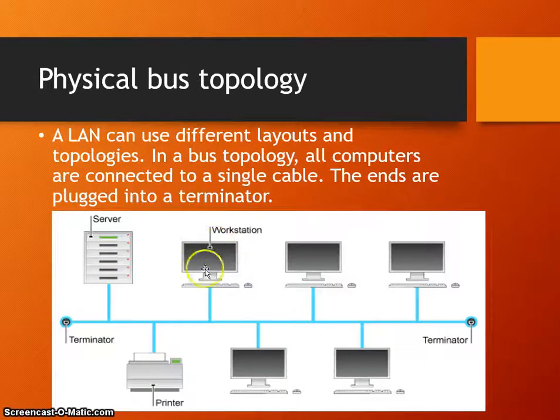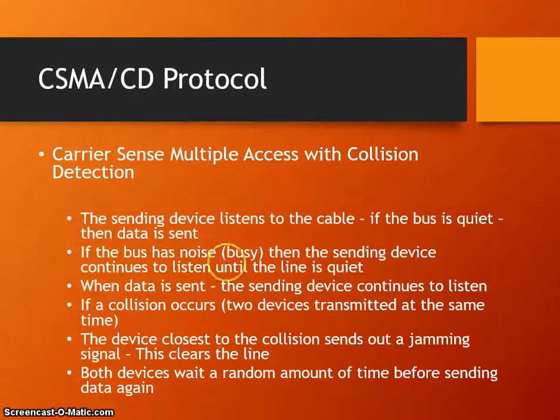So this device listens out, there's nothing on the cable, and it sends its data. The device will continue to listen to the bus. If the bus has noise, then the sending device continues to listen until the line is quiet. That's the first part of it, the carrier sense. It's sensing whether there's any data on there.